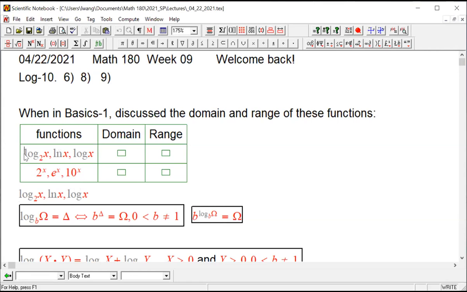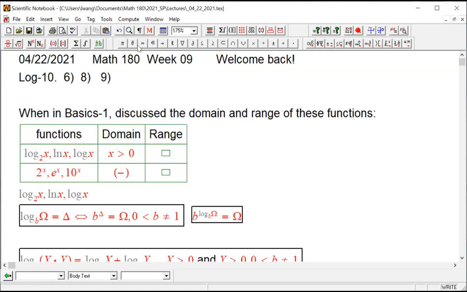So when we look at these three functions, even though the base is 2, base of e, base of 10, and the exponential function, we understand they have the same domain, don't we? The logarithm, they have the same domain, right? It's vice versa. And this is x larger than 0, and this is all real numbers, right?